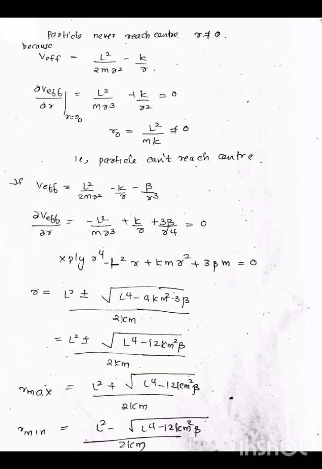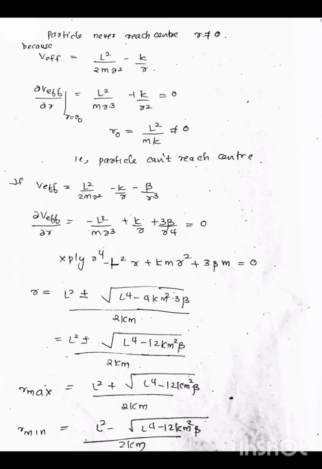Multiplying by r⁴, we get minus L² r plus kmr² plus 3βm is equal to 0. And here r is equal to L² plus or minus square root of L⁴ minus 4km² into 3β, by 2km. That is L² plus or minus square root of L⁴ minus 12km²β divided by 2km.